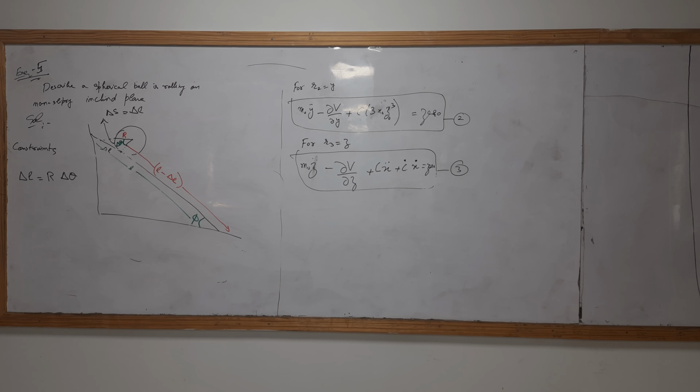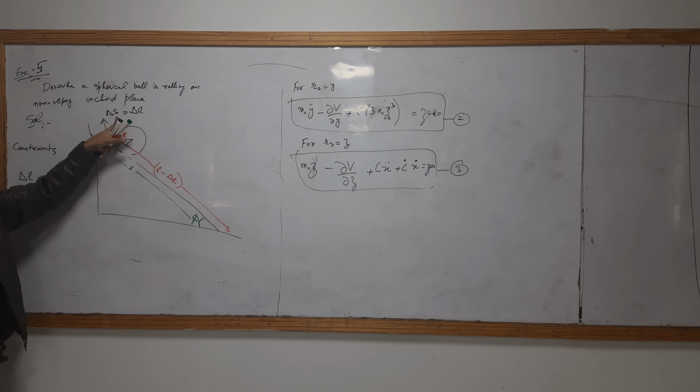So because delta L is equal to delta S, delta L becomes R delta theta.